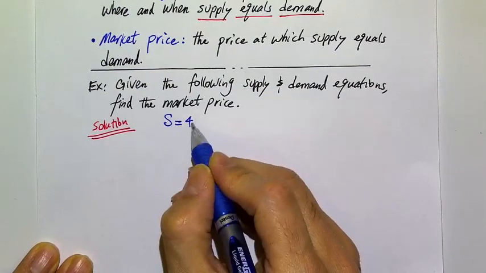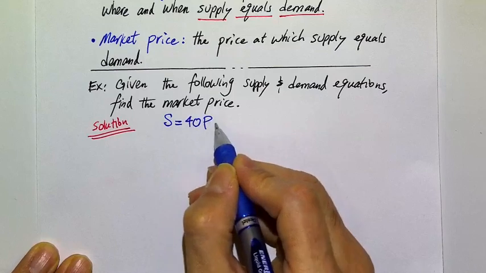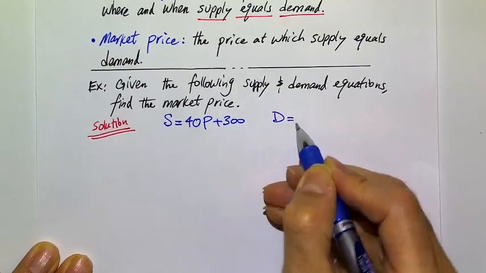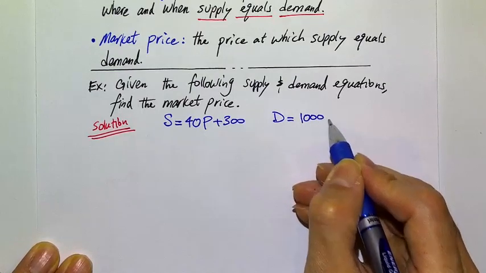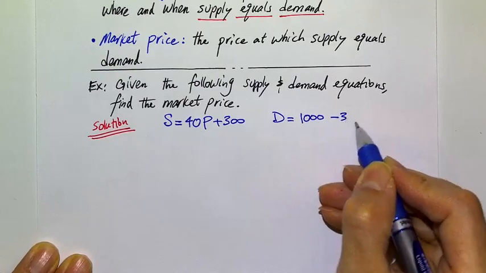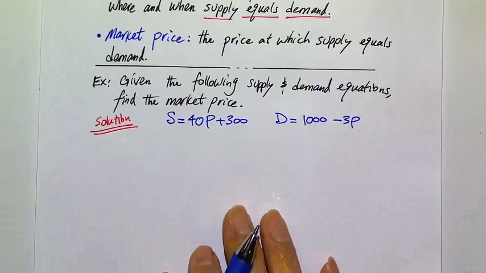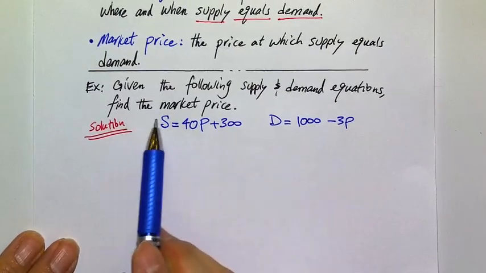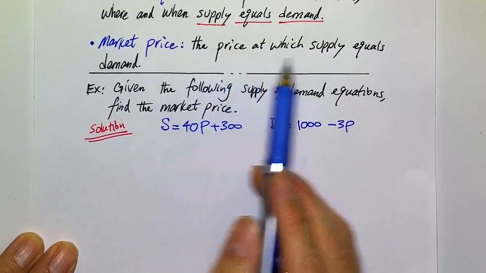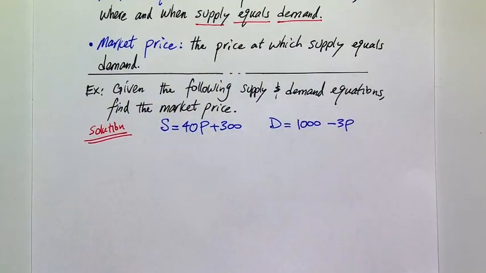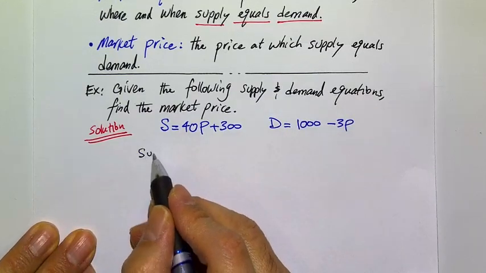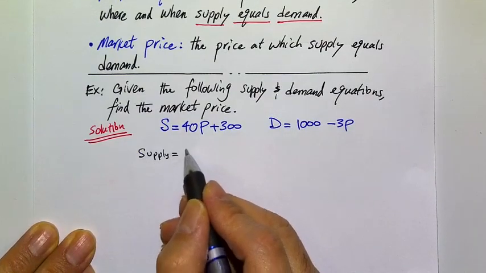S, or supply, equals 40p plus 300, and D for demand equals 1000 minus 3p. Okay? So we know that the market price is the price at which supply equals demand. So let us do that. We're going to set supply equals demand.